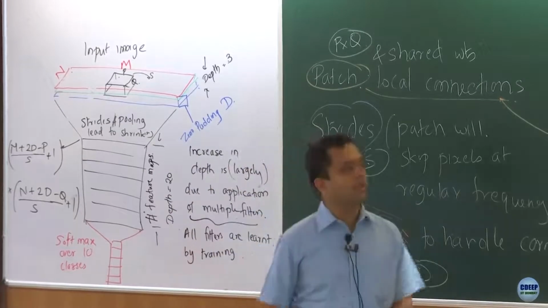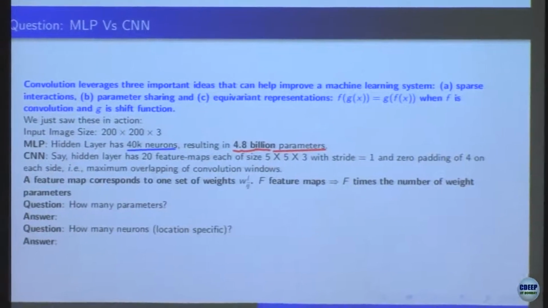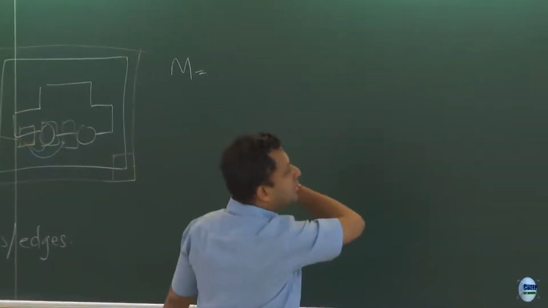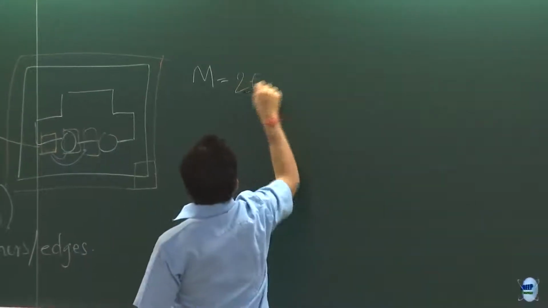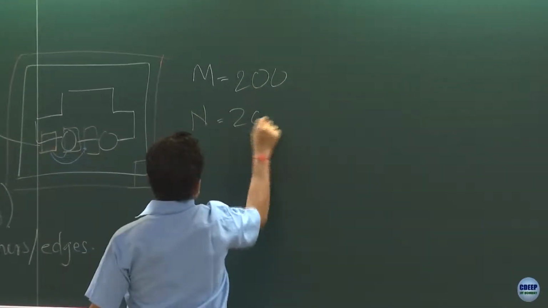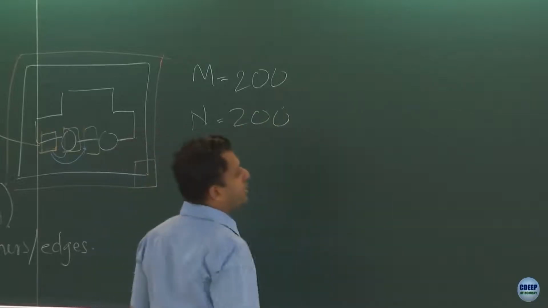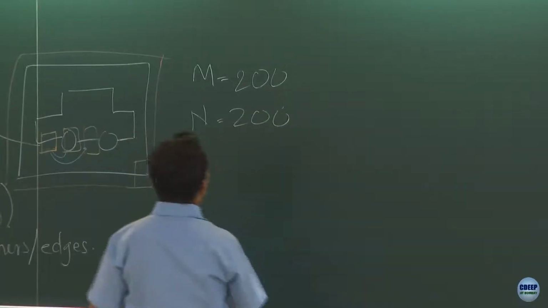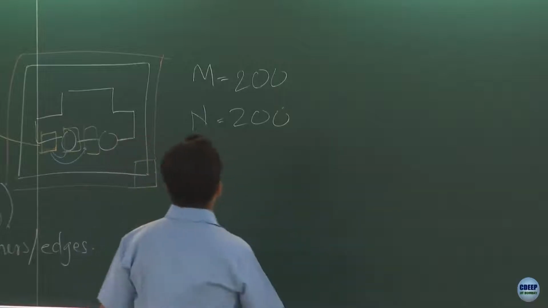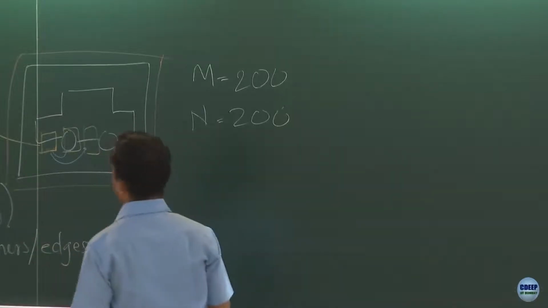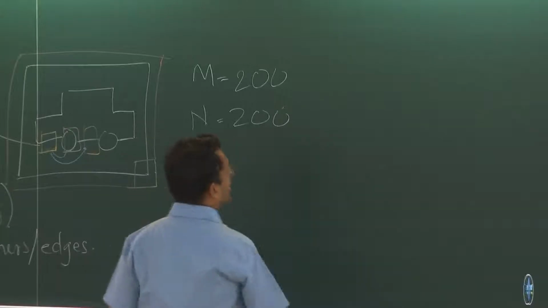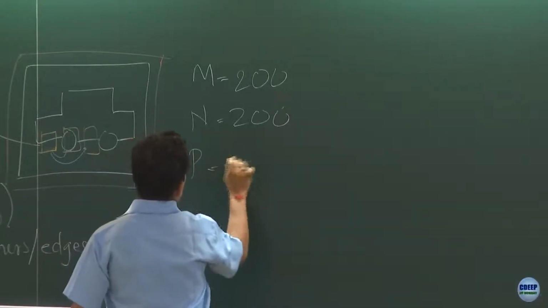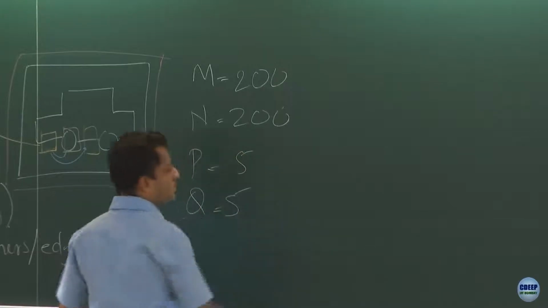So if depth is 20 and the filter is 5 by 5 by 3, then m equals n equals 200, RGB is 3 obviously, and then 20 feature maps. Initial depth was 3, then it became 20, and P equals 5, Q equals 5.